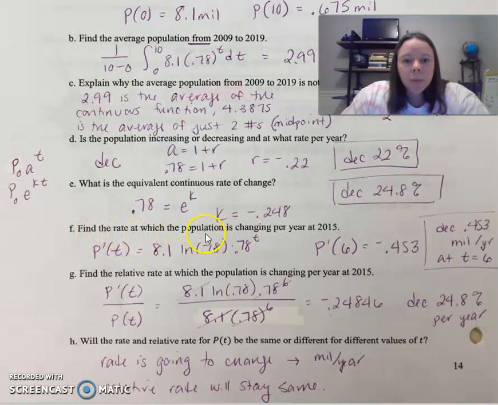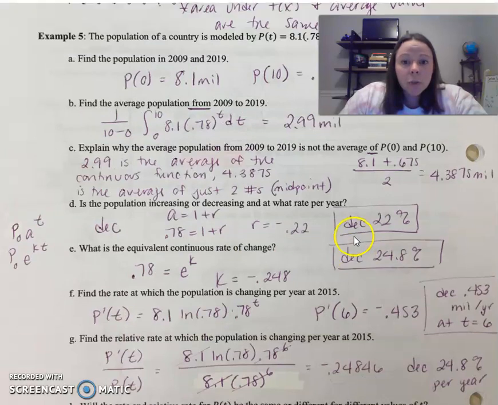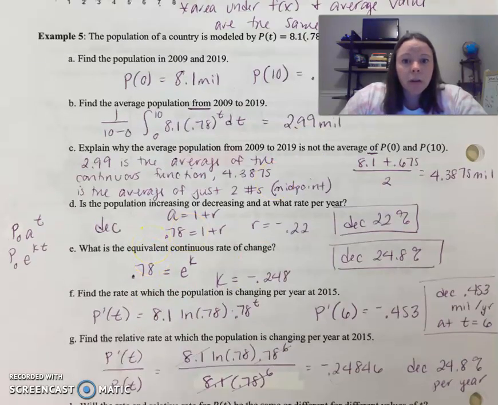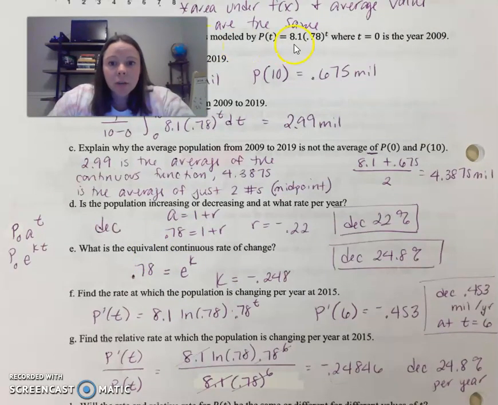Find the rate at which the population's changing per year at 2015. So this is the instantaneous rate of change. So, but remember, we're starting in 2009. So first we need to do the derivative, and this is a good review as well. So if we have a scalar here, 8.1, that stays right there.